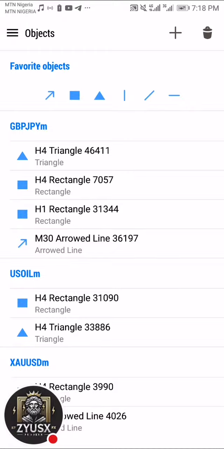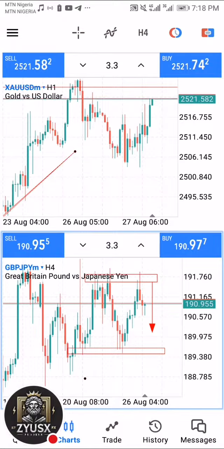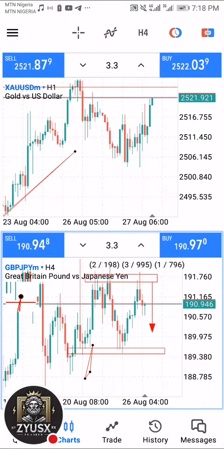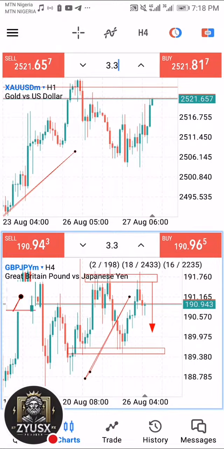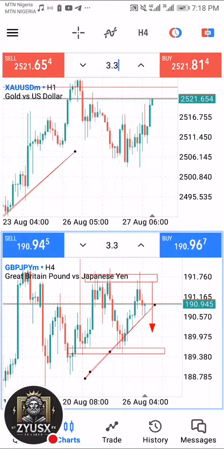So for the Pound JPY, this is a sideways moving market. Price is stopping, the lows, highs coming down. It's not breaking above or below. So this is a sideways moving market. Remember, this is a 4-hour time frame.